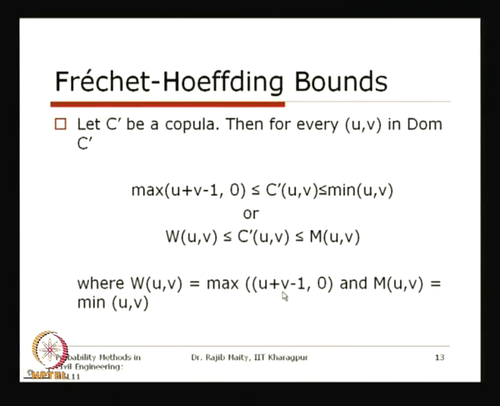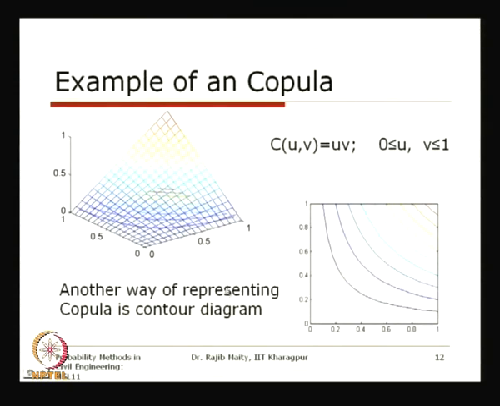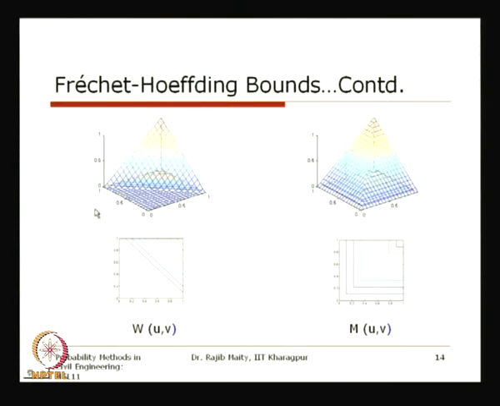Suppose we put v equals 1, then the 1 is cancelled, so it is the maximum of u comma 0, and you know that u is always greater than or equal to 0, so the maximum value is u. That is what is reflected here: when one attribute is 1, the value of the surface is the value of the other attribute.